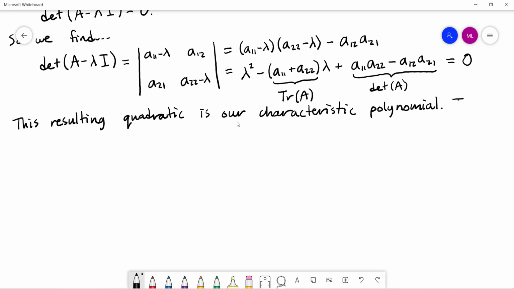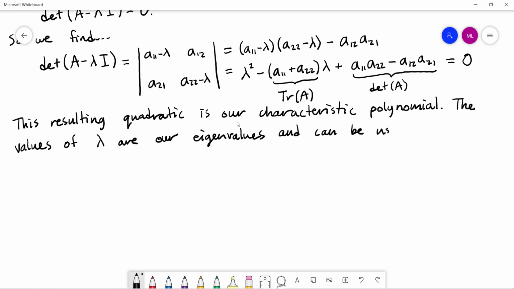The lambdas that we find are our eigenvalues, and we're going to use them to construct our solution. And we'll come back to that solution in a minute.